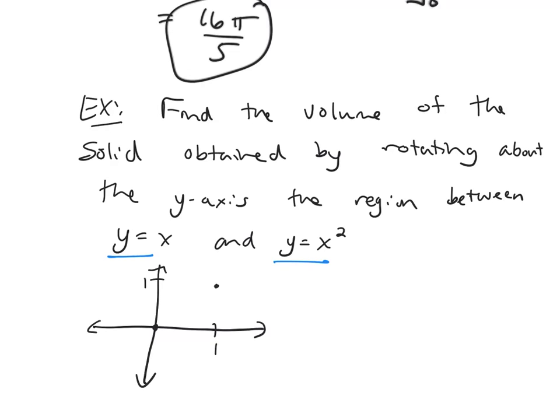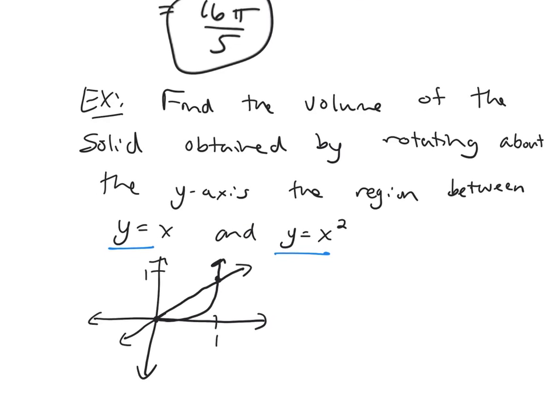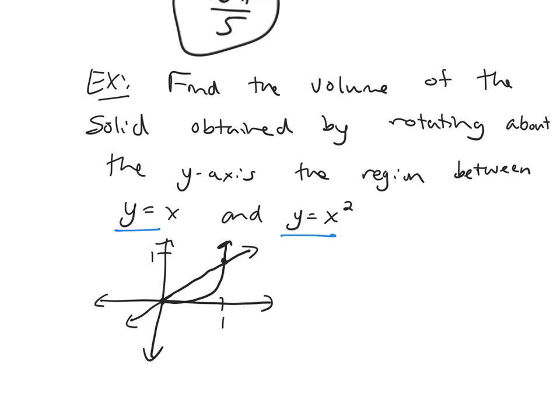Y equals x is a line, and then I have this parabola here. They tell me I'm rotating about the y-axis, and I want to use cylindrical shells for this.